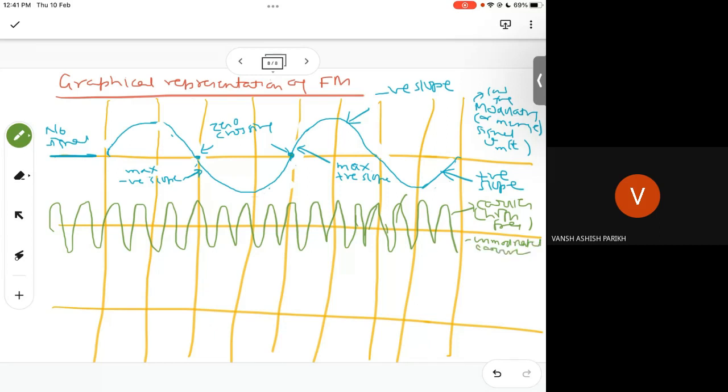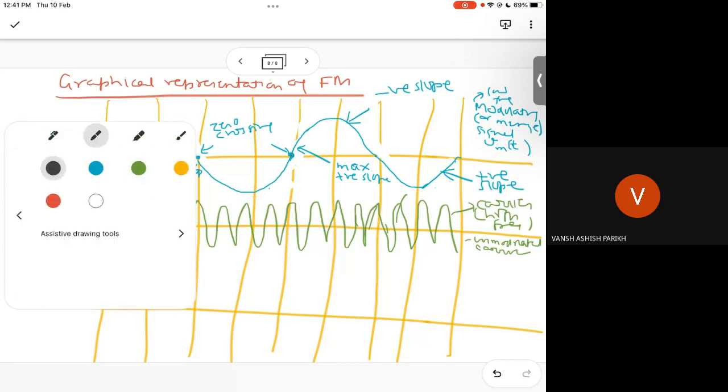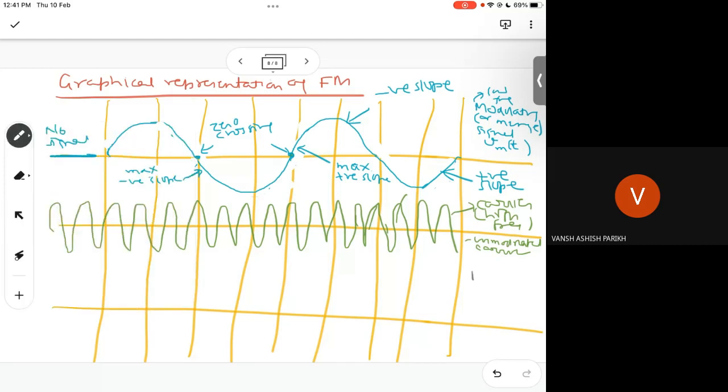And then we define, with the usual color, my FM wave, the frequency modulated carrier. How will it look? If you see here, in this range, I have no signal.